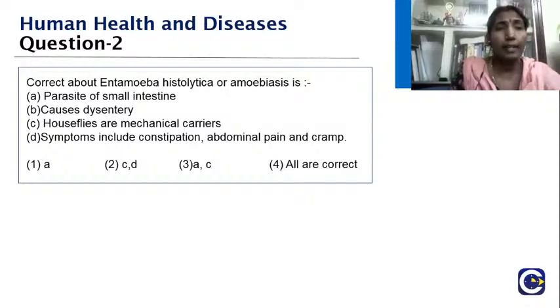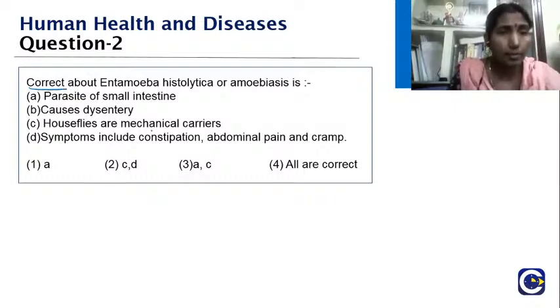Correct about Entamoeba histolytica or amoebiasis: it is a parasite of the small intestine, causes dysentery, houseflies are mechanical carriers. Symptoms include constipation, abdominal pain and cramps. So they have given a list of statements and they want you to find out the correct statements.